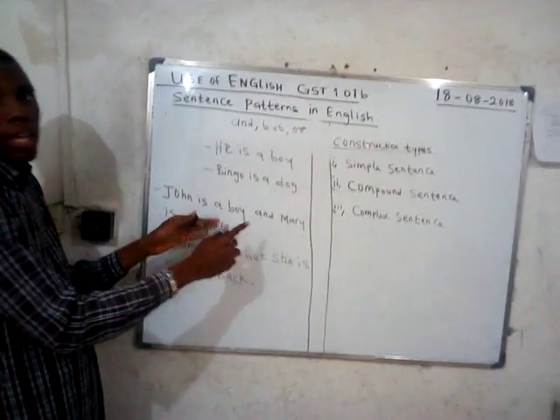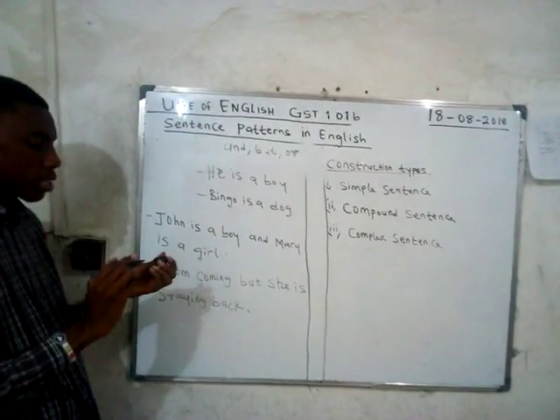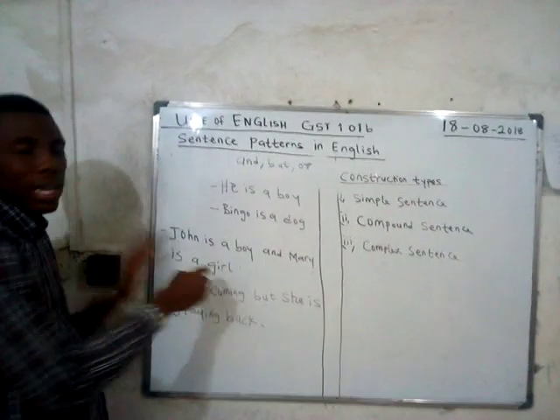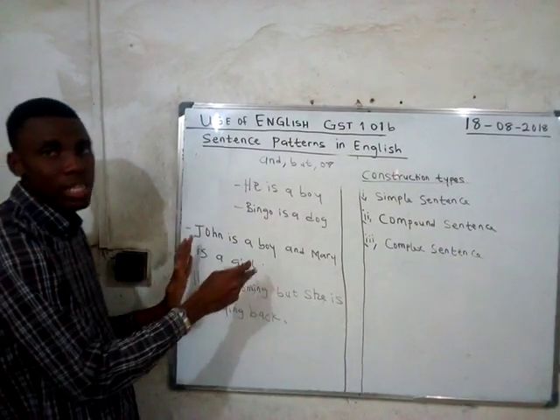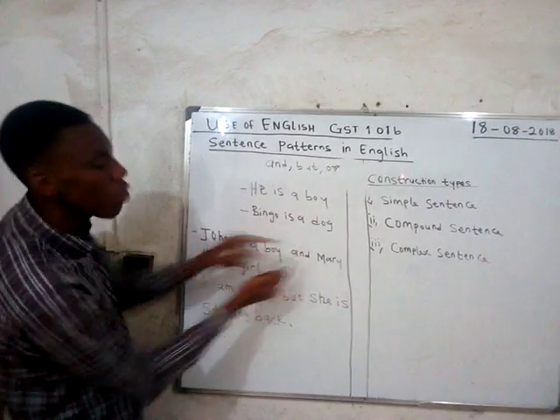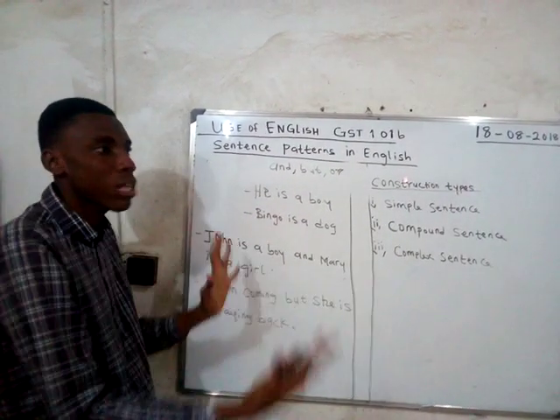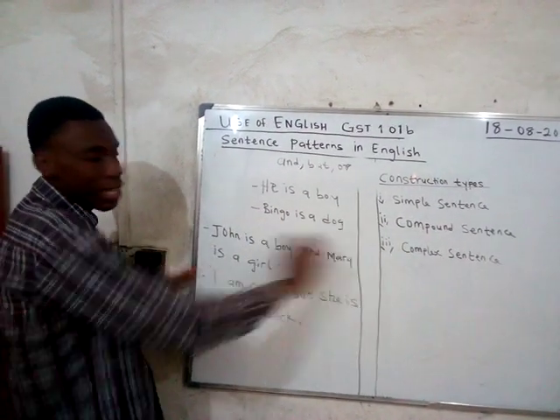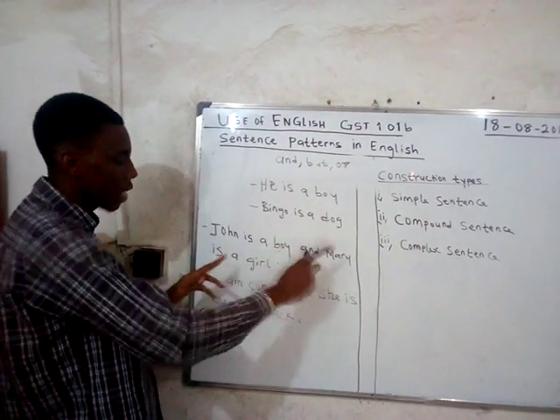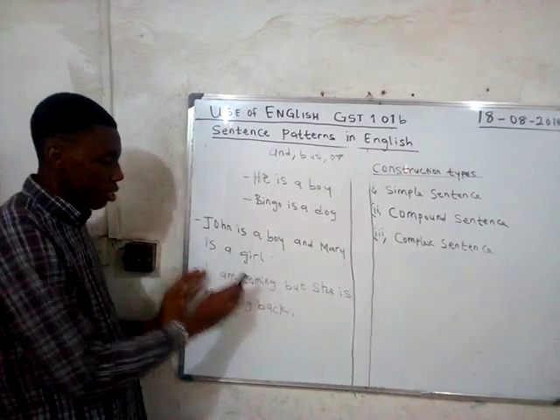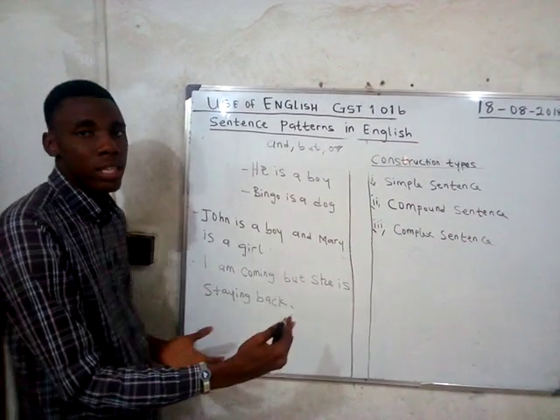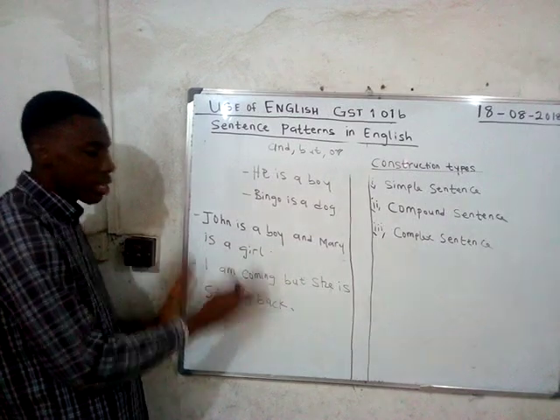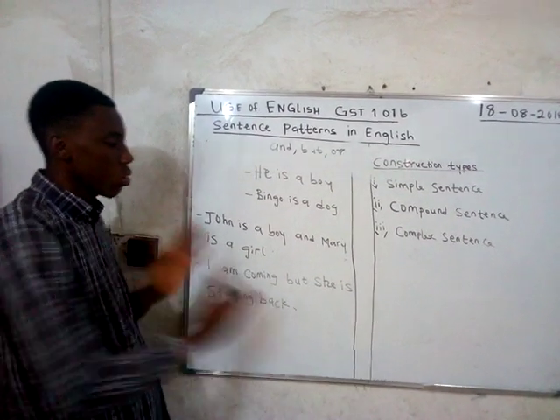John is a boy can stand on its own as a simple sentence. Mary is a girl can stand on its own as another simple sentence. But with the presence of this conjunction, they have now come to form a compound. So now the sentences are related: John is a boy and Mary is a girl. In the second example, I am coming is a simple sentence that can stand on its own.